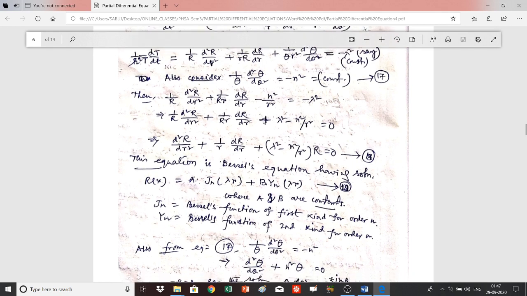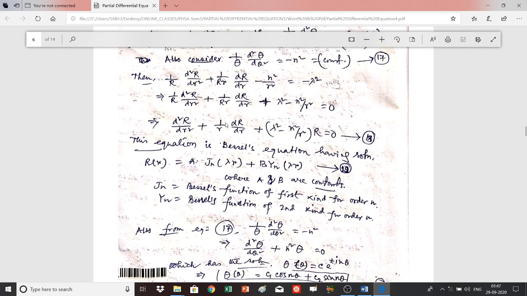You know this expression, equation number 18, is the very well known, celebrated Bessel's equation, and this Bessel's equation has the solution like this.